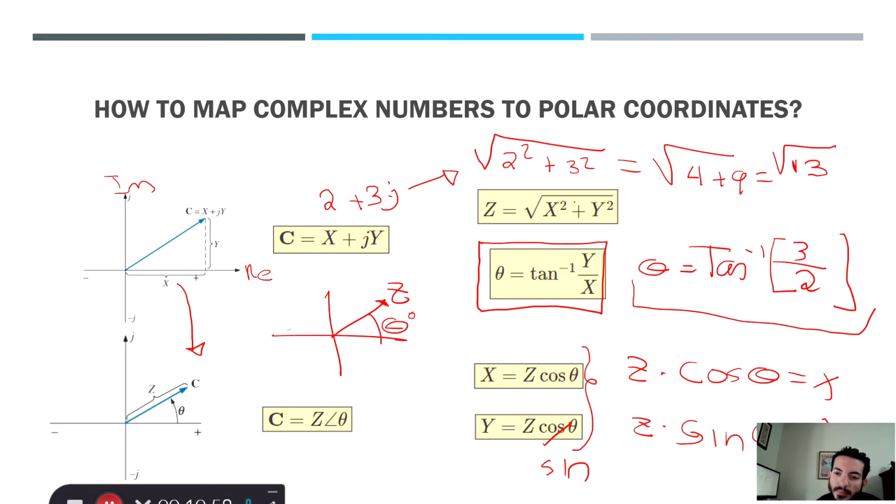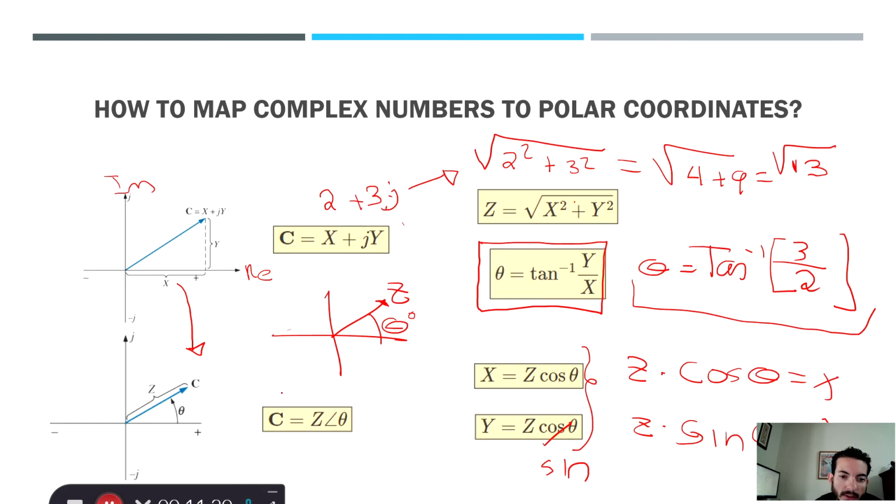Okay, so to go back to x and y on the rectangular coordinate system, you need to know your angle and the magnitude. So if you have your complex number in this form, then you can transfer it to polar. If you already have the angle and the magnitude, you can take it back to the rectangular system.